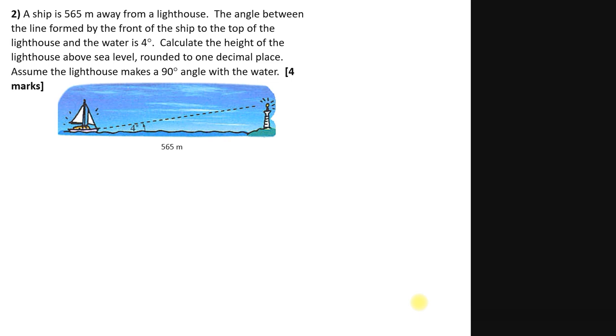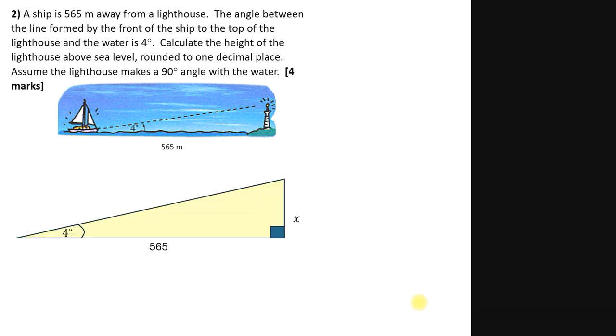Assume the lighthouse makes a 90-degree angle with the water. Well, we can simplify this situation just by drawing a triangle. So there's a reference angle of 4 degrees. We're 565 meters away from the base of the lighthouse. We want to know the height of the lighthouse, so that'll be x.